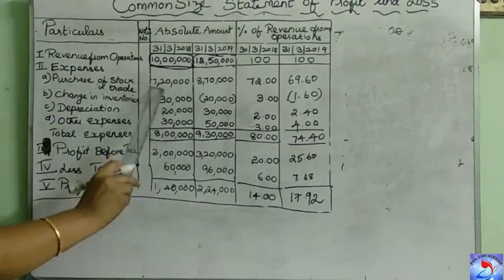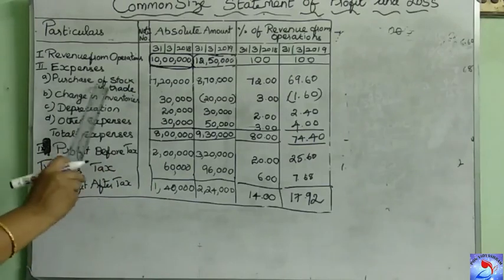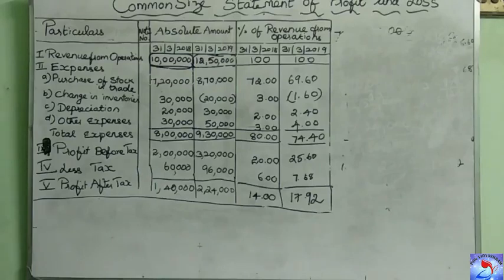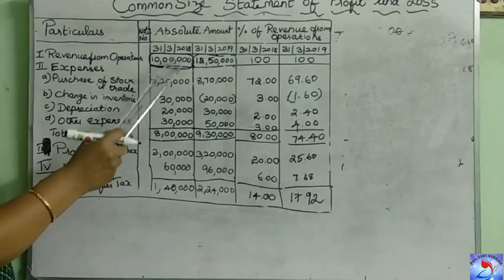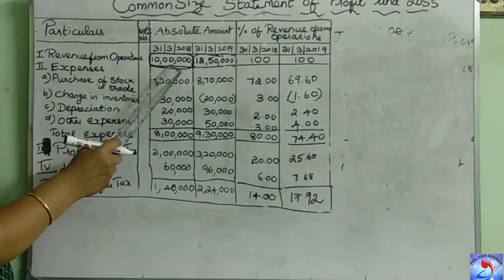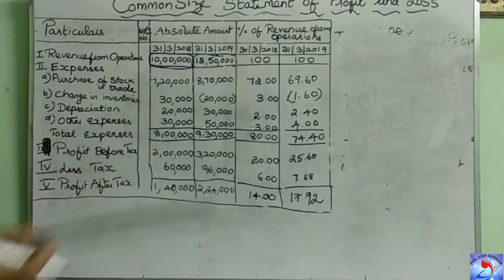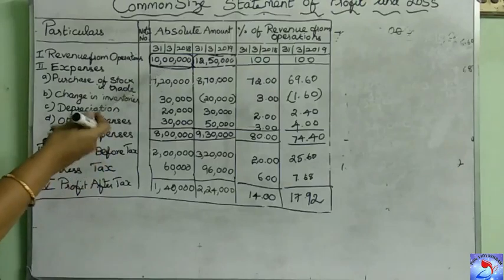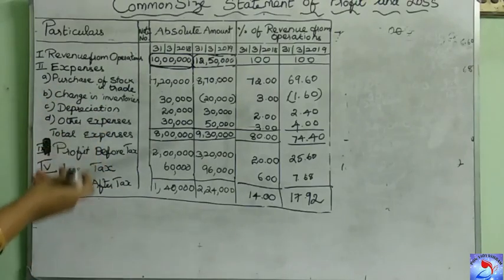Suppose it is purchase of stock in trade, 7,20,000 is the absolute amount divided by revenue from operations of that particular year, that is the base, into 100. So change in inventories, 30,000 divided by 10 lakh into 100. Likewise, you have to do for all the items given in 2018.